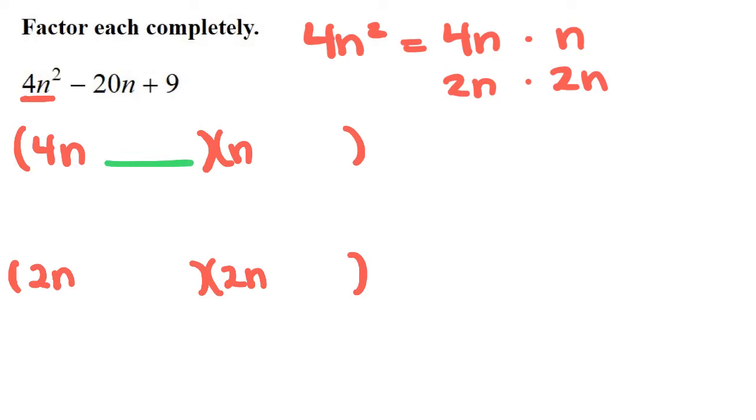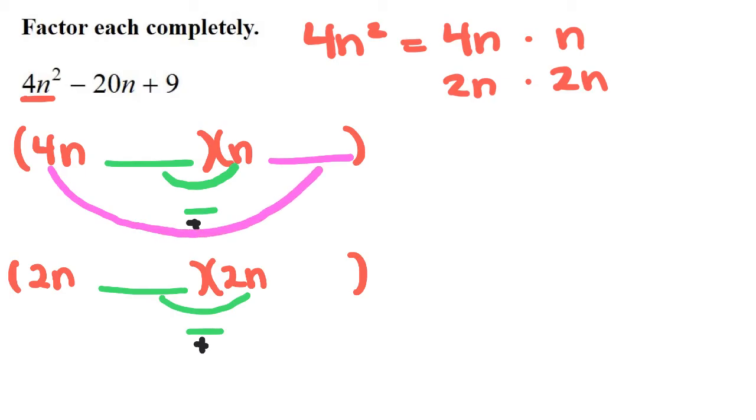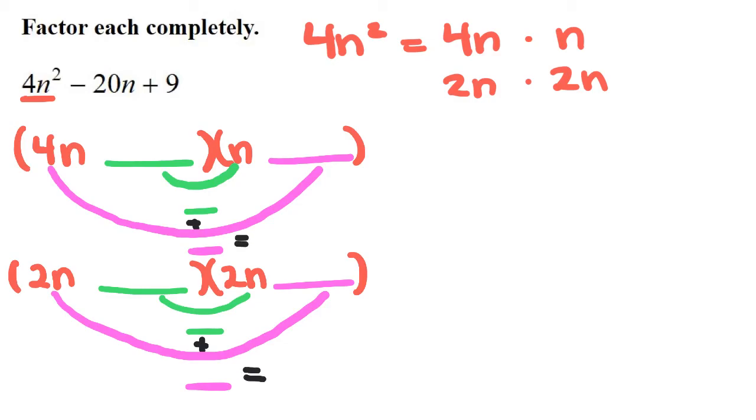And again, we're checking that this pair, so the product of the last and the first, plus the product of the first term and the last, should add to equal the middle term.